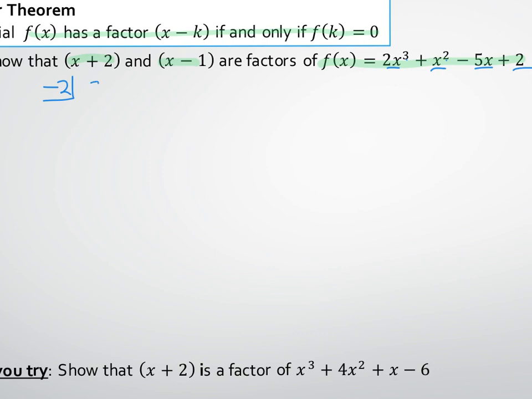We're going to drop down those coefficients, 2, 1, negative 5, and 2, and do our synthetic division. 2 times negative 2 is negative 4, 1 minus 4 is negative 3, negative 3 times negative 2 is 6, negative 5 plus 6 is 1, 1 times negative 2 is negative 2. And because we have a remainder of 0, we can say that x plus 2 is a factor.